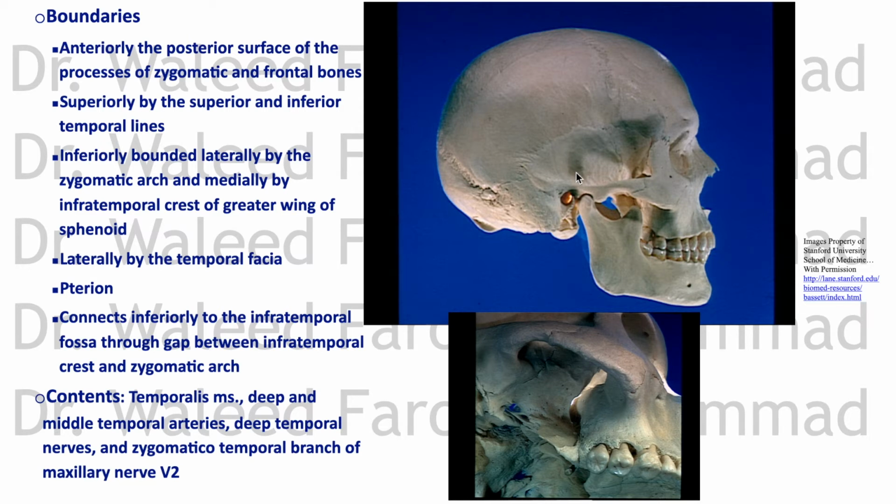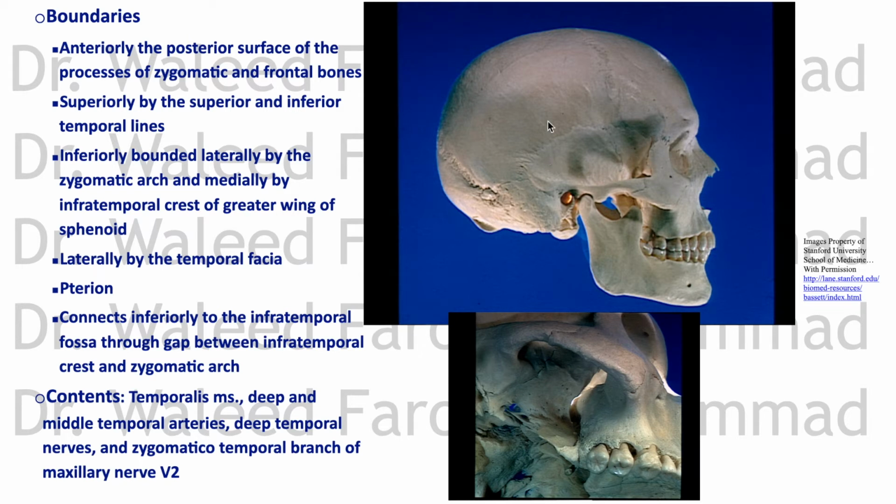Okay, the contents of the temporal fossa. First of all, there's the temporal fascia. Then underneath the fascia, you'll find the temporalis muscle. And here, the zygomaticotemporal branch of the maxillary nerve is coming out from the zygomatic bone, and the zygomaticotemporal vessels from the lacrimal are coming out of this foramen too.